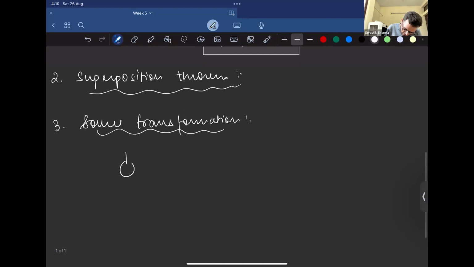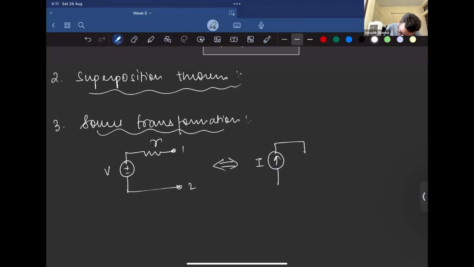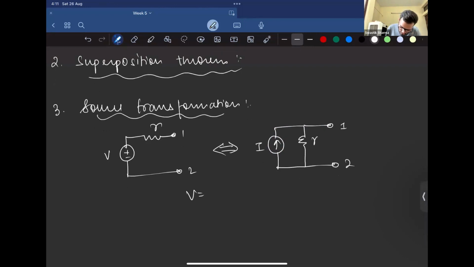For example, if I have a voltage V in series with R connected between two terminals 1 and 2, we can represent this two terminal circuit with this, where if it follows the concept of equivalence, V must be equal to IR.